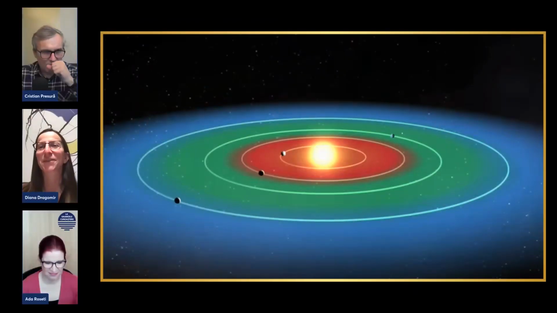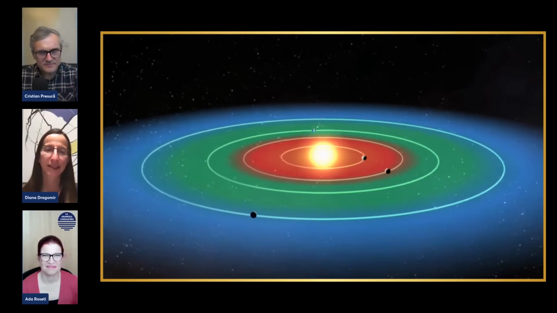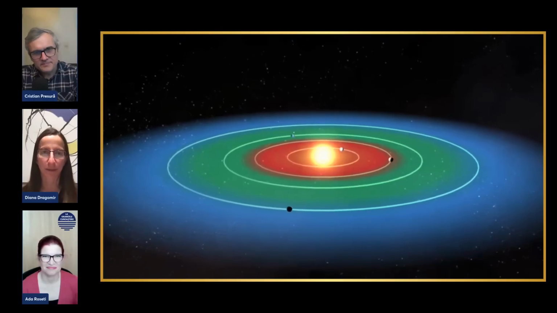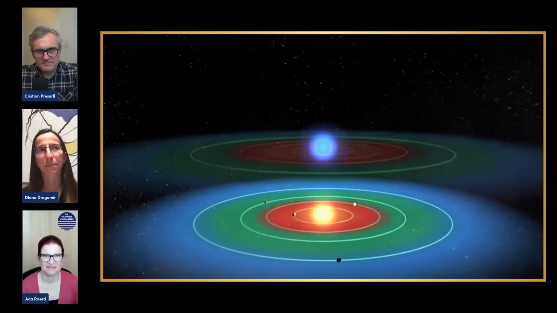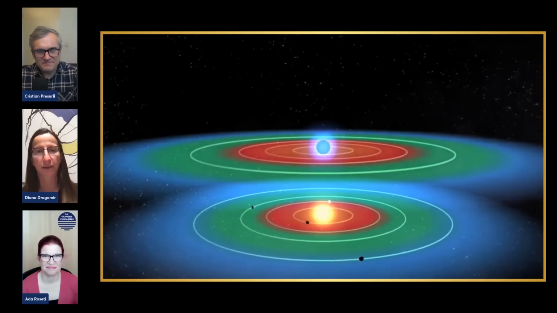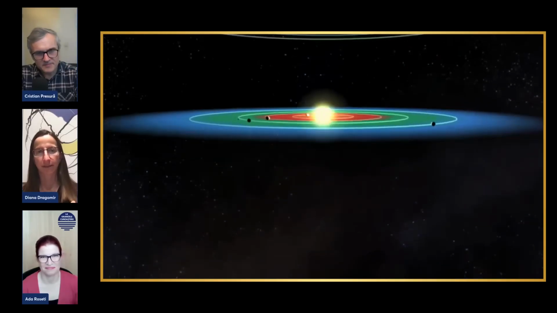The habitable zone is defined as the area where we think liquid water can exist. So it mainly depends on temperature. At a certain distance from the star, the temperature drops enough for water to no longer be in a gaseous state, but to be in a liquid state.